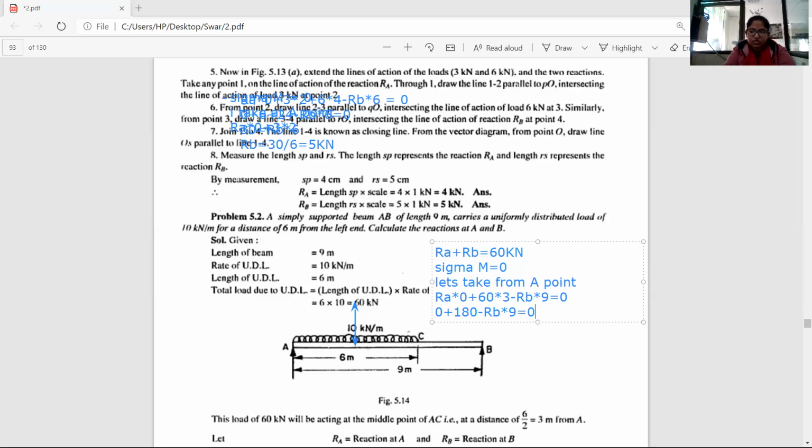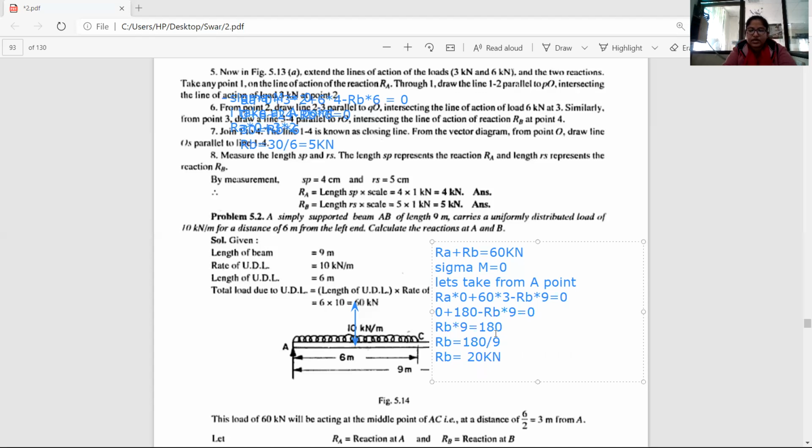equals to 0. Then I take this Rb term to the other side, then Rb multiplied by 9 equals to 180. Then to find the Rb value, put this 9 under 180, then 180 divided by 9, then my value of Rb will be 20 kilonewton.